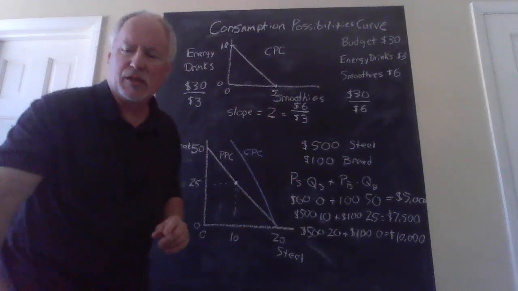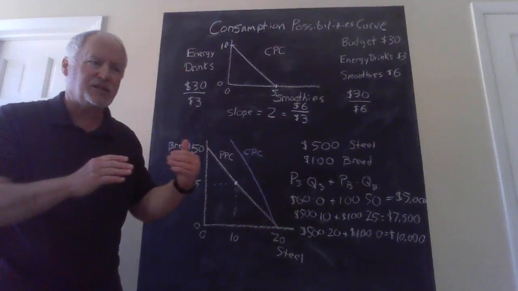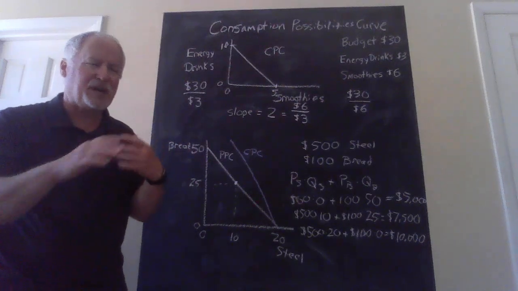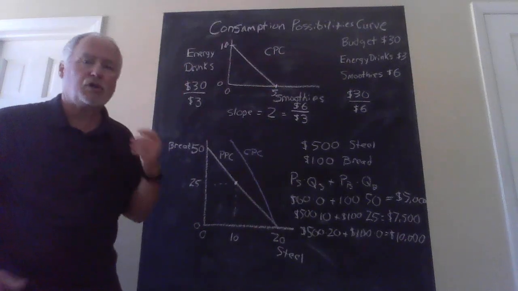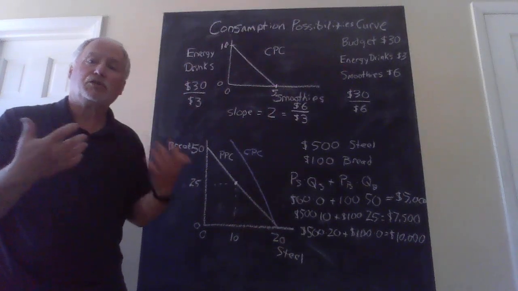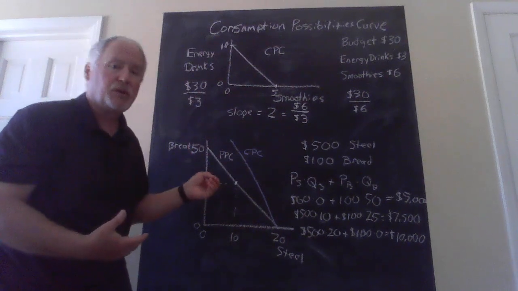One last thing I'll just mention, because we use this and talk about this in chapter 3, trying to talk about what the range of prices would have to be. If this nation was an autarky, and remember, autarky means there's no international trade, this nation would have to produce whatever they want to consume.